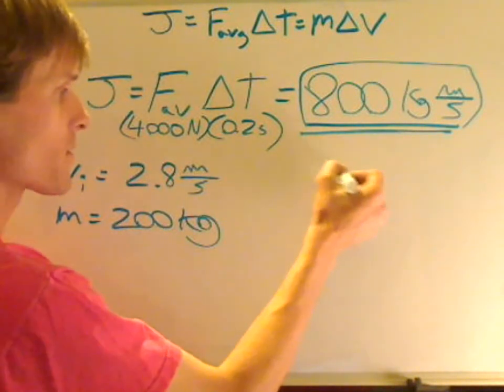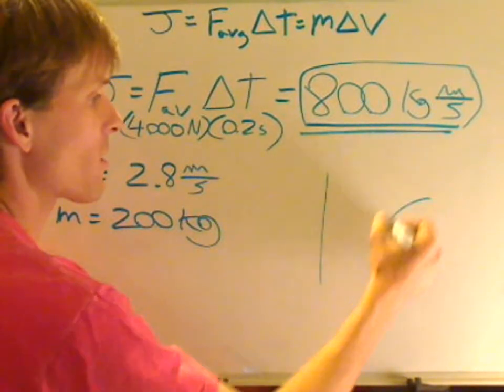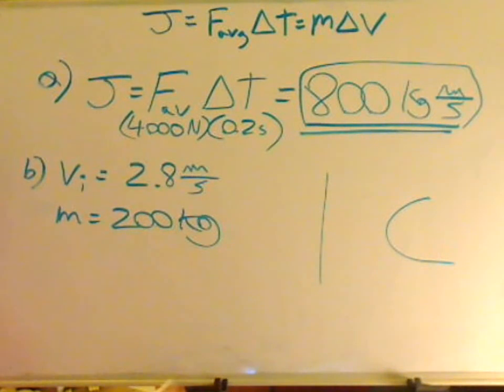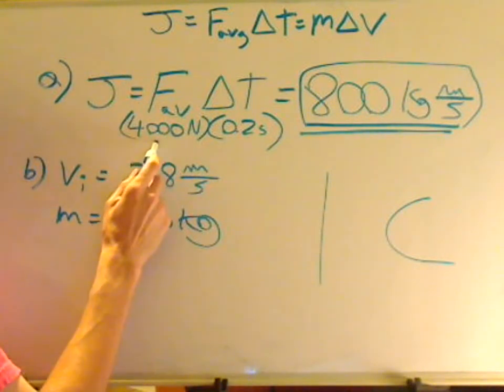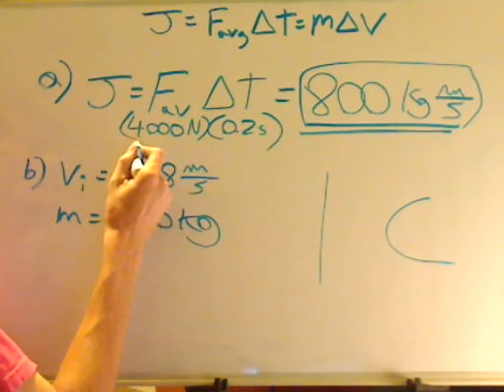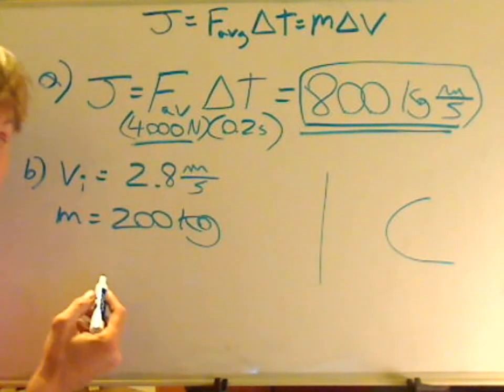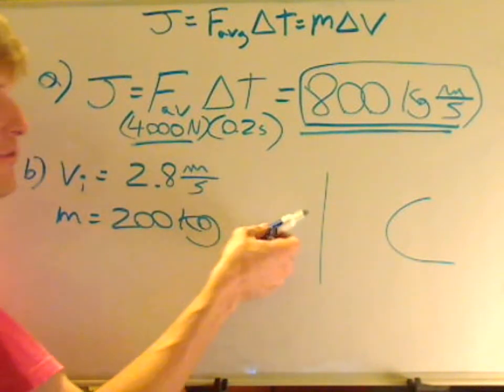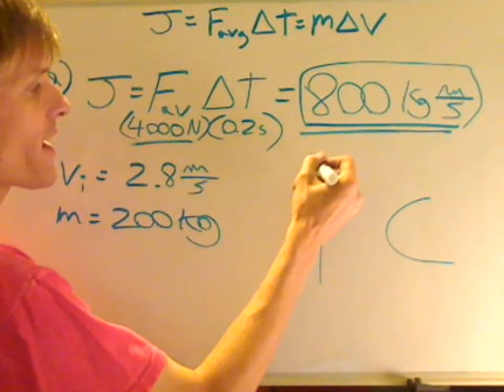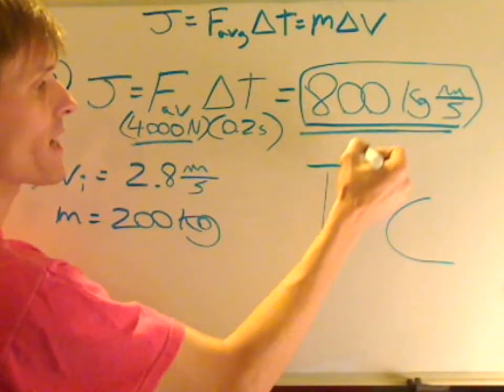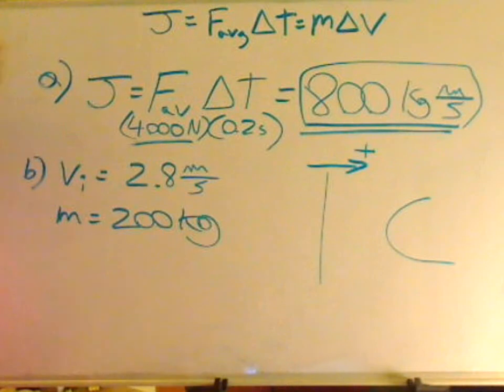So here's our wall, and our bumper car is coming into the wall, and in part A of the problem, we right away defined the positive direction. Our force was plus 4,000 newtons, and the force of the wall on the car is to the right. So in part A, we define the positive direction as away from the wall.